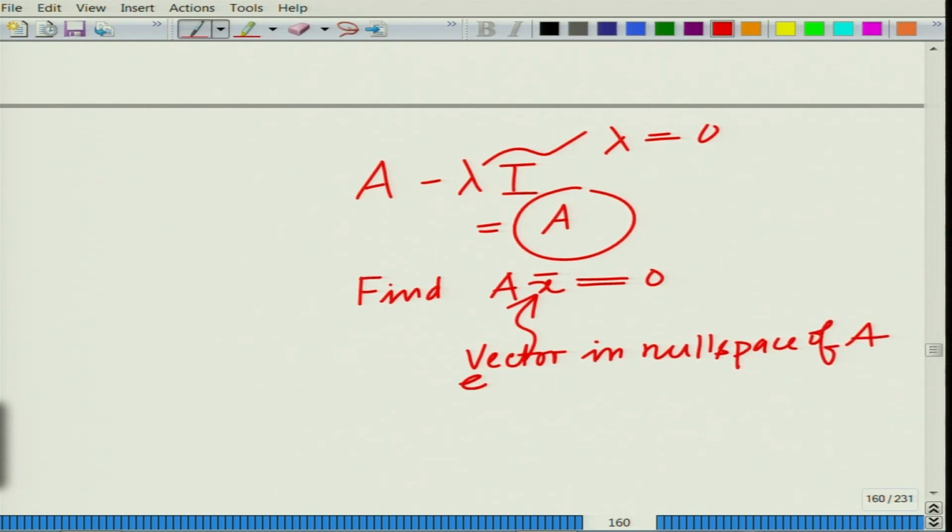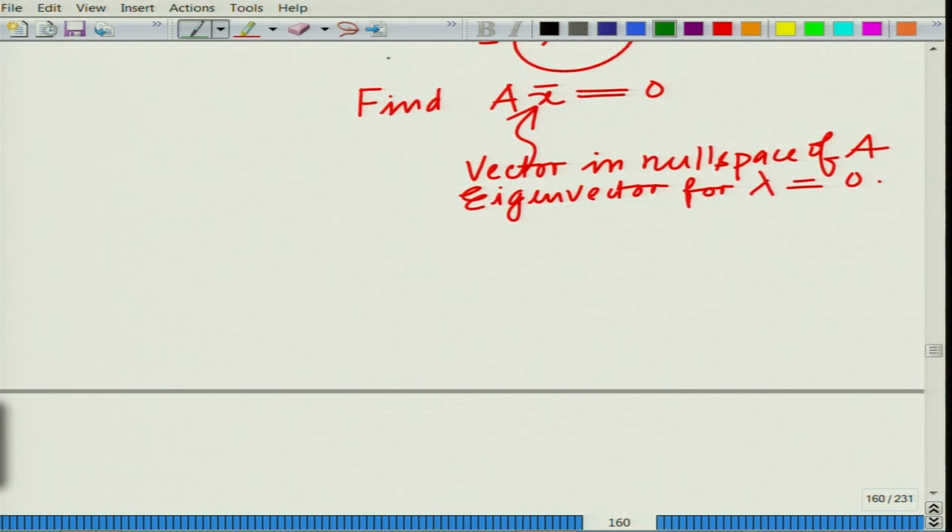This gives the eigenvector corresponding to lambda equal to 0, and this you can find as follows.